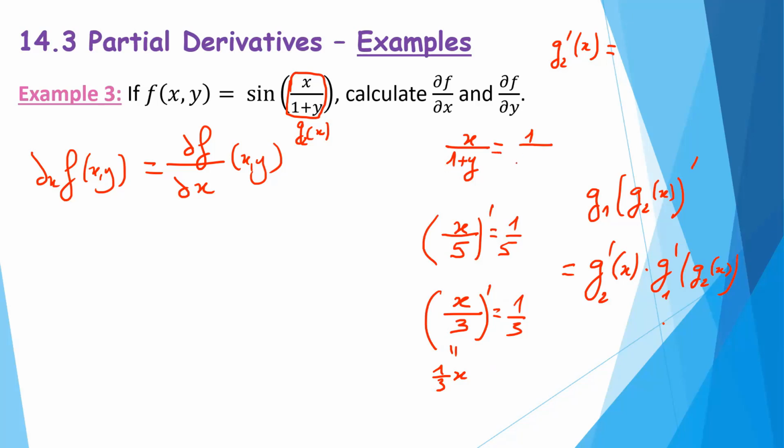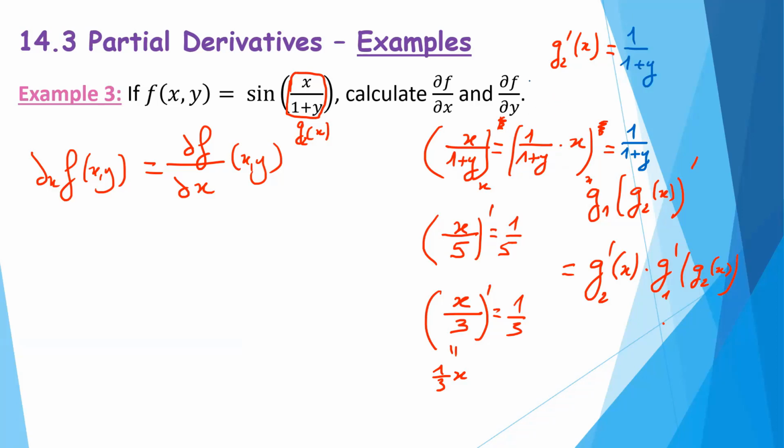It's like a constant times x. So what is the derivative of the inner part with respect to x? What do you obtain? 1 over 1 plus y times the derivative of x, which is 1. So here, 1 over 1 plus y.